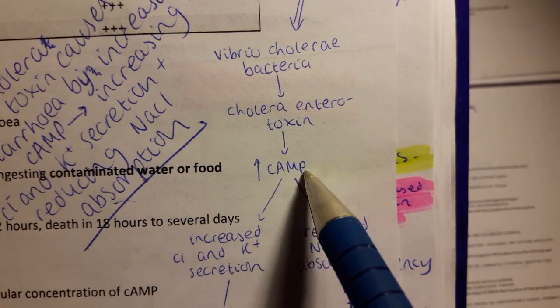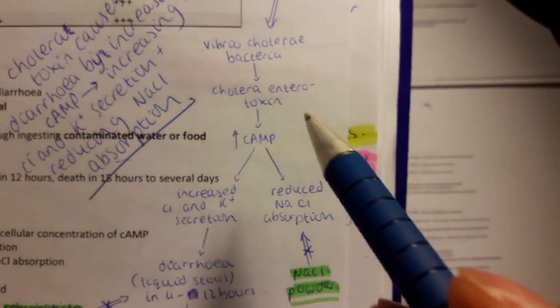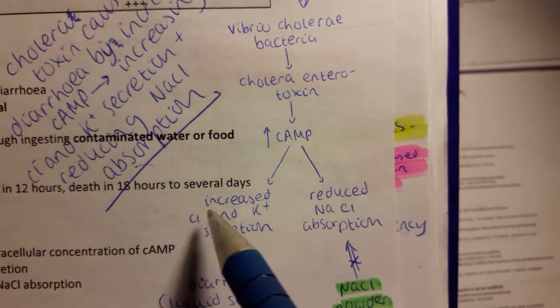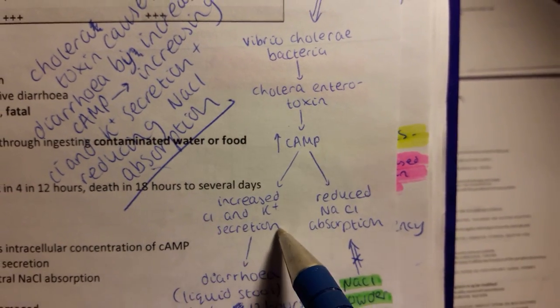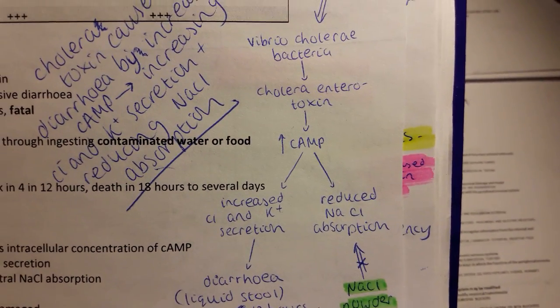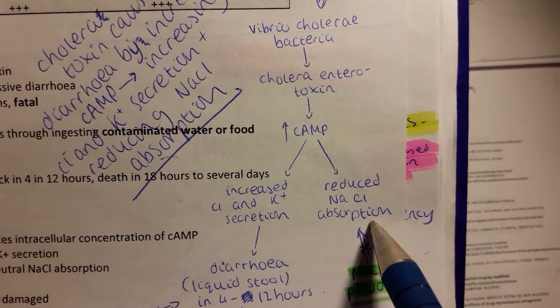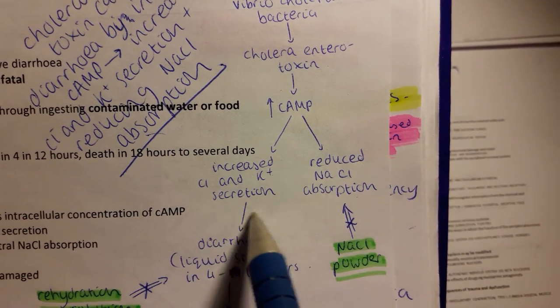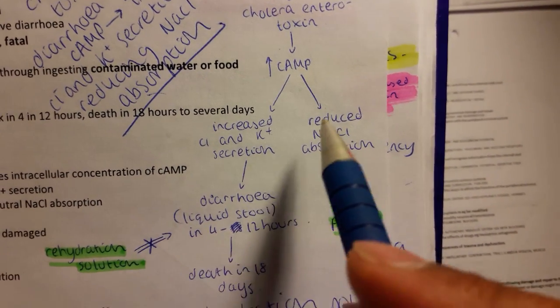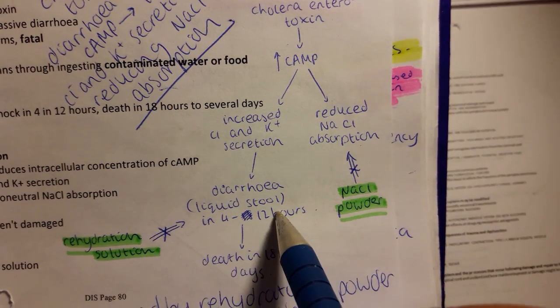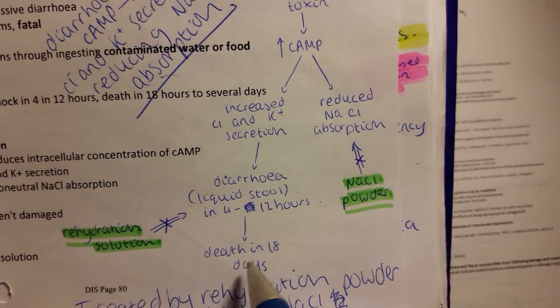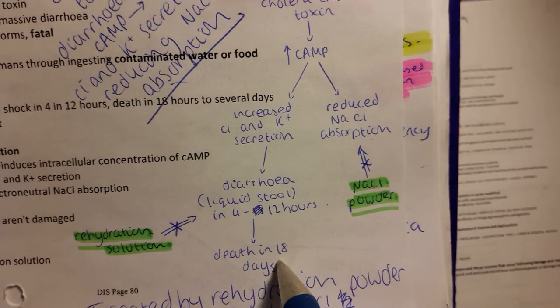This elevates cAMP, resulting in two things: increased potassium and chloride secretion and reduced sodium chloride absorption, which is going to lower the water potential of the gut, causing diarrhea, which is liquid stool, within 4 to 12 hours, and death in 18 days.